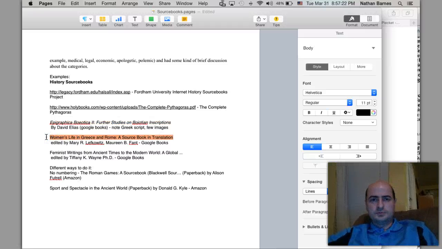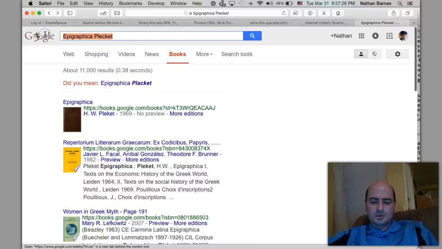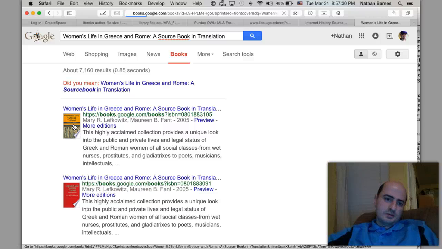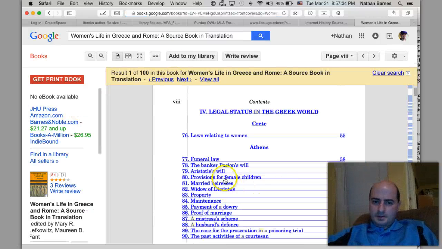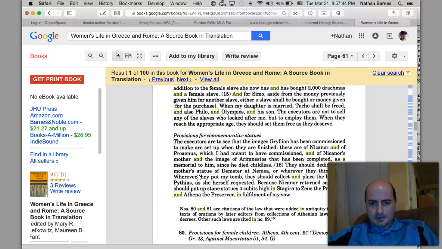Okay, here's another source book that I've used, which is very close to what you're doing. Okay, so you see number 80, provisions for female children, and it's in sequential order.